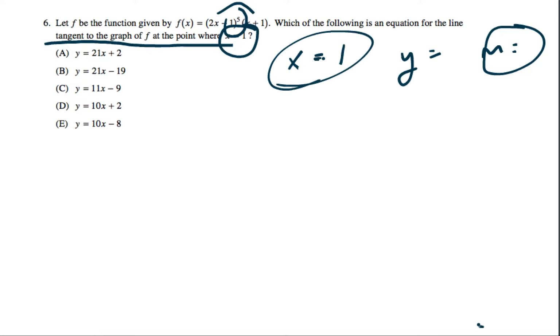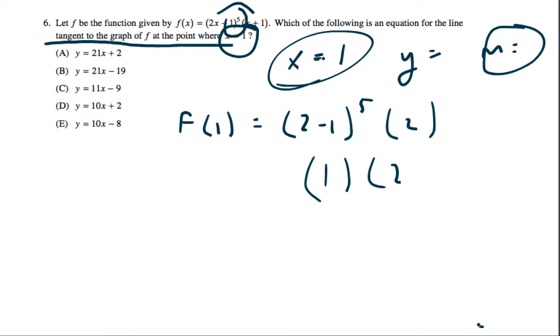Let's plug in x equals 1 into the original function to find what the y value would be. So f of 1 would be my y value. So I'm going to plug in 1, and I'm going to get 2 minus 1 to the 5th times 1 plus 1, which is 2. This is just going to be 1. This is going to be 2 times 1, and my final answer would be 2. So my y value is y equals 2.